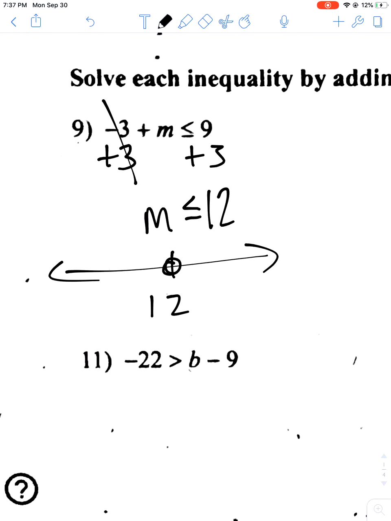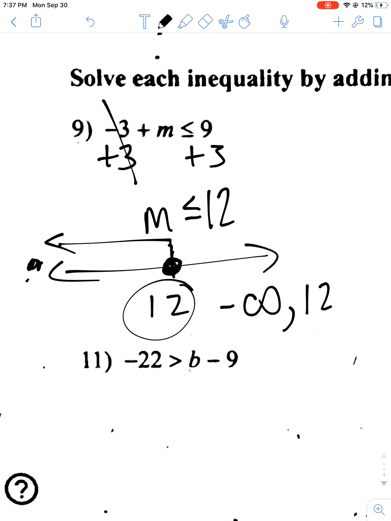Line underneath means closed. It says m is smaller than 12. So I've got to point it where all the numbers get smaller. Interval notation is, when does it start working? Well, it starts working down here at negative infinity. When does it stop working? Here at 12. Parenthesis always around your infinities, and a closed means bracket.